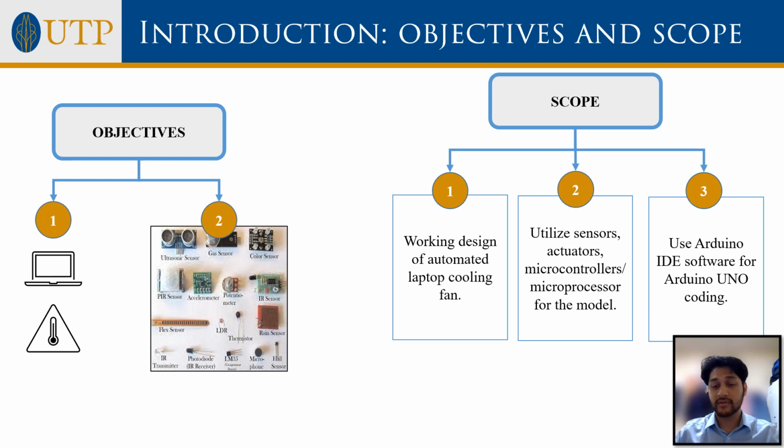The scope of this project can be divided into three parts. First, to make a working design as the benchmark for a real product of an automated laptop cooling fan.